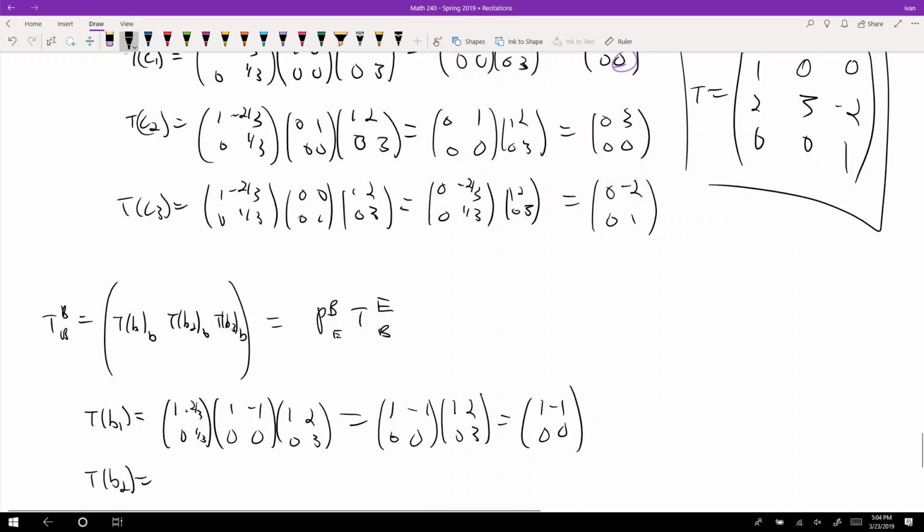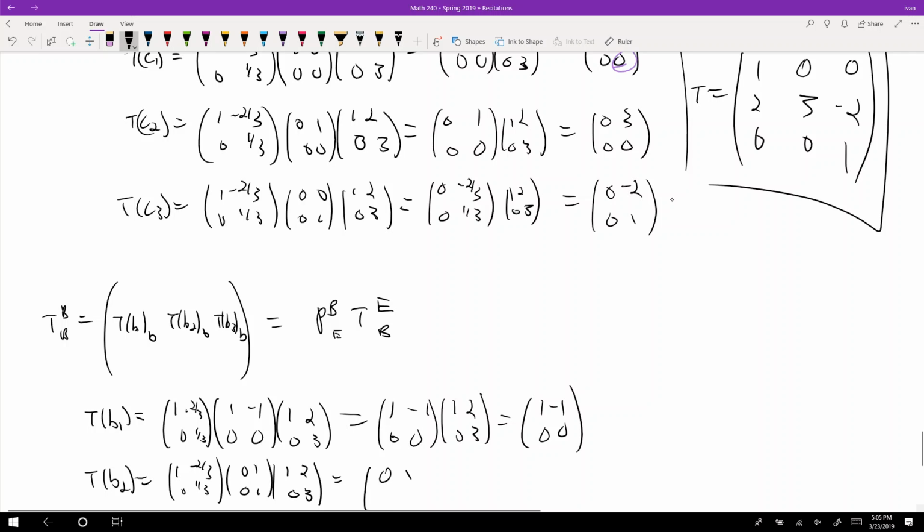T of B2. You get [1, -2/3; 0, 1/3] times [0, 1; 0, 0] times [1, 2; 0, 3]. And so there's a reason why McGrath actually chose these two matrices, because you actually get themselves back once you conjugate.